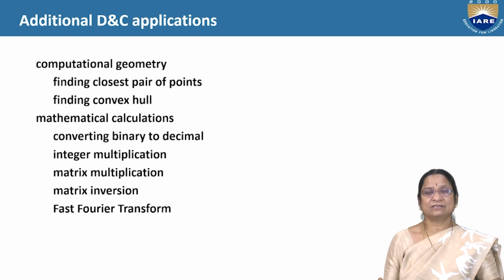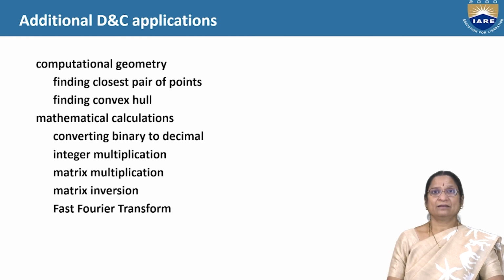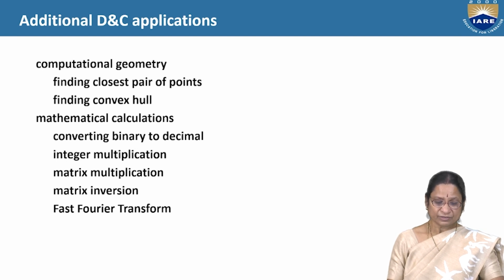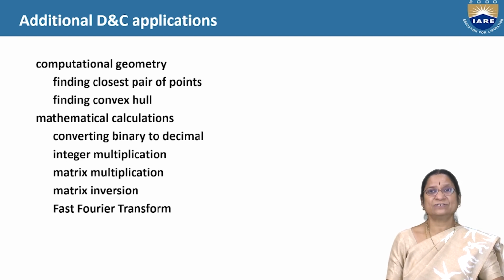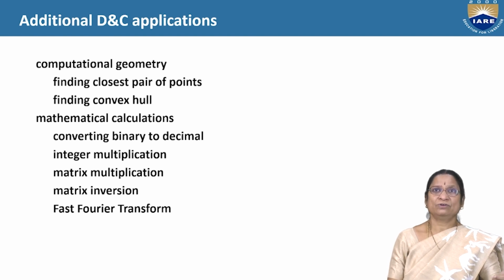Matrix inversion is the most challenging job among mathematical applications, because the inverse is required for us. If you would like to solve a set of simultaneous equations, the matrix inverse is required. If the order keeps on increasing, calculation of the inverse takes a lot of time. And fast Fourier transformations and many more are there. These are just some applications to name. But in various real-time applications, we will use this divide and conquer strategy.